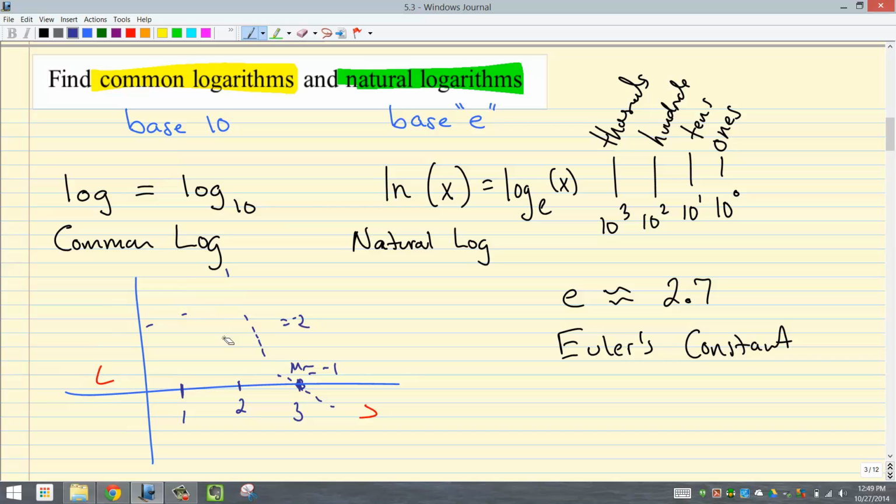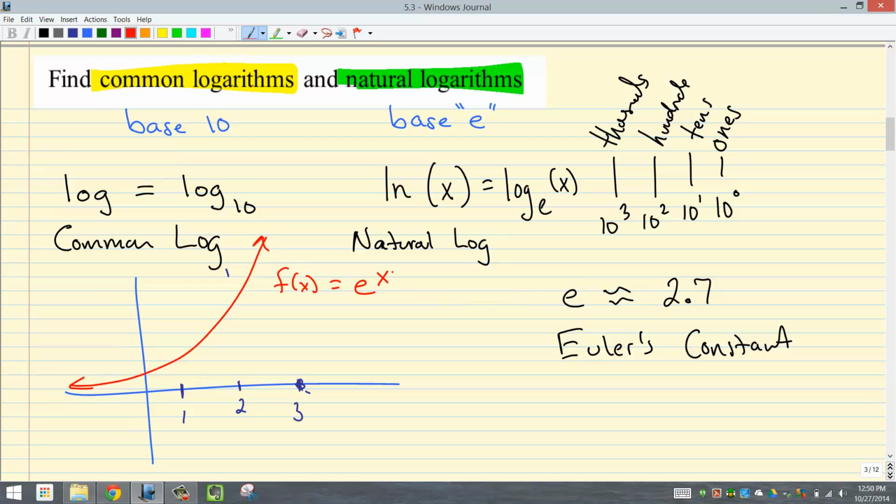If you were to draw e to the x power, so if you were to make the graph of this, and this function was e to the x power, the cool thing about this is that at the point 1, the slope of that tangent line is 1. And at the point 2, the slope of that tangent line is 2. And at the point 3, the slope of the tangent line is 3.